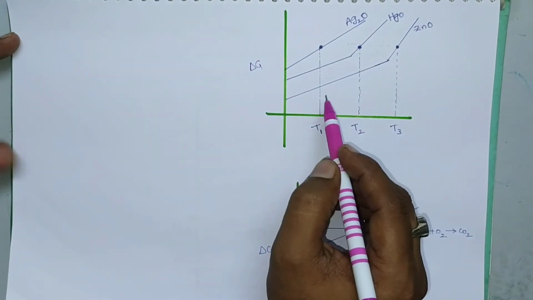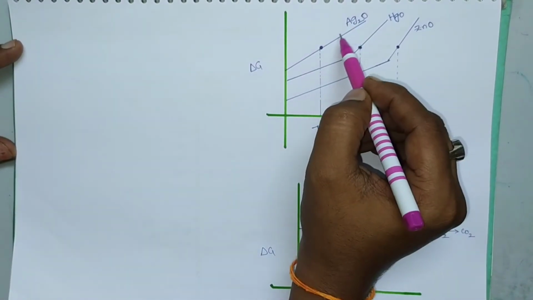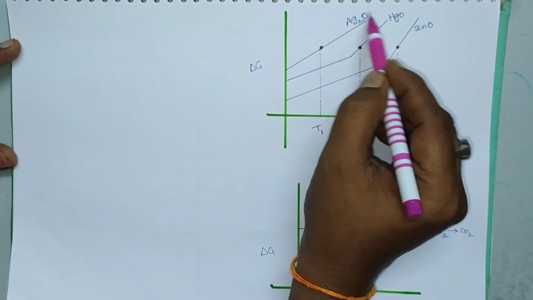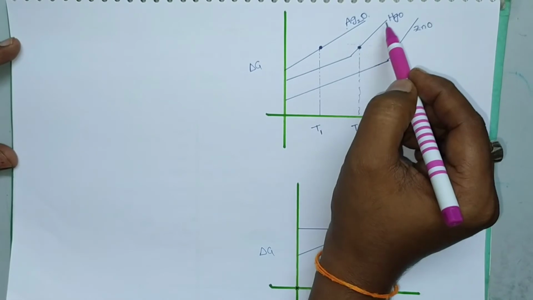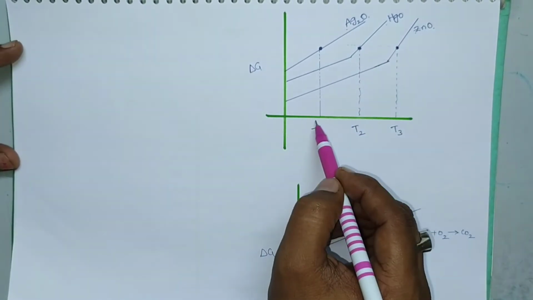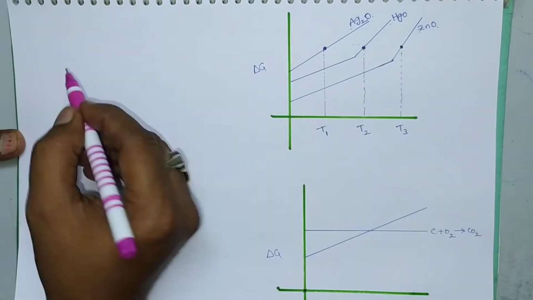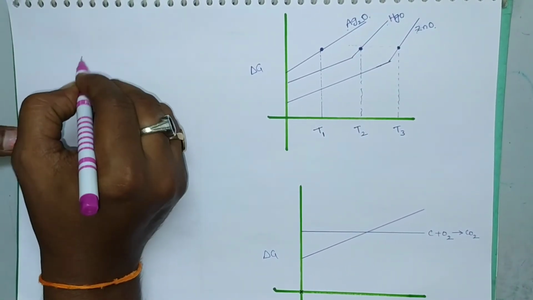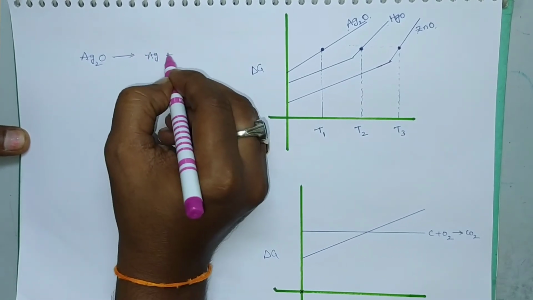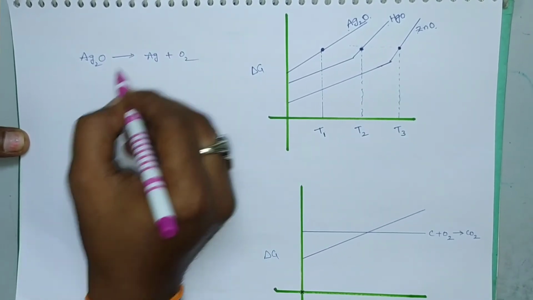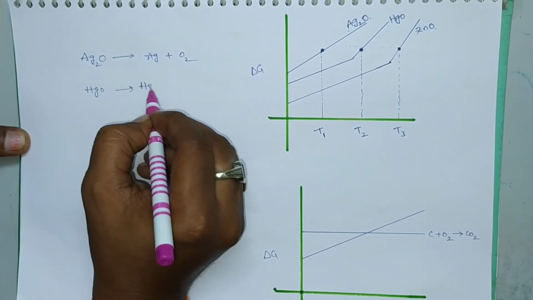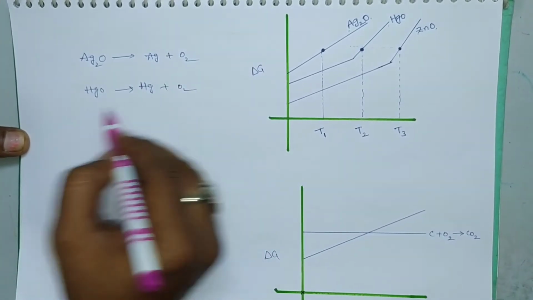Now let us consider this graph. In this graph, these curves represent the formation of the oxides: silver oxide, mercuric oxide and zinc oxide. All these take place at different temperatures. Suppose you take the first expression: silver oxide decomposes to produce silver and oxygen, and mercuric oxide decomposes to produce mercury and oxygen.